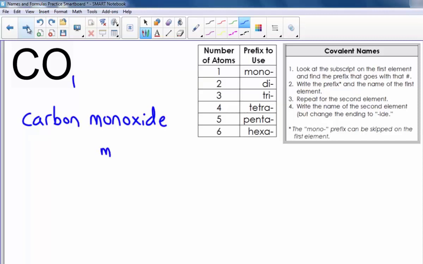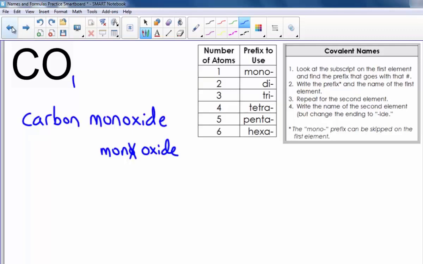Technically there is a missing O in here because mono and oxide have an O on the end and the beginning of both of those words. But when you have that, you just drop off one of the O's because it sounds kind of strange to say monooxide. That's a pretty easy rule to learn because you've probably heard of carbon monoxide before.